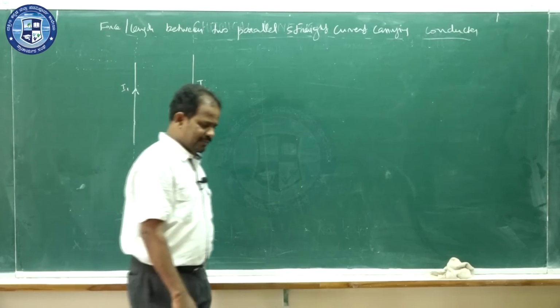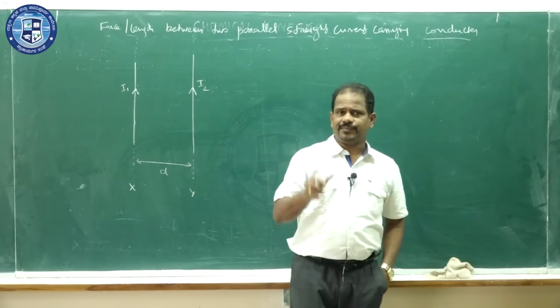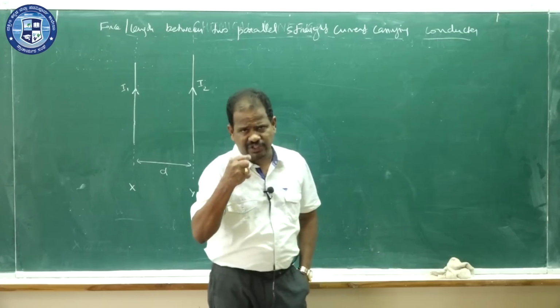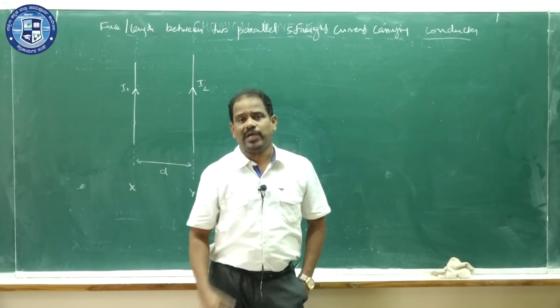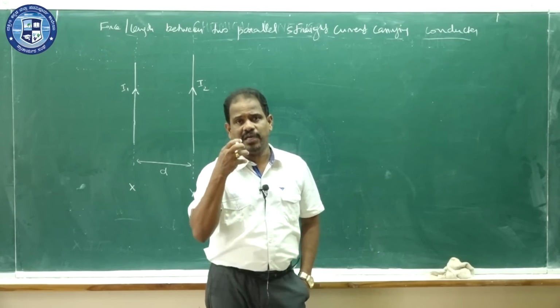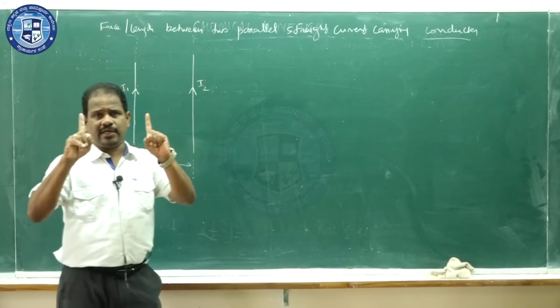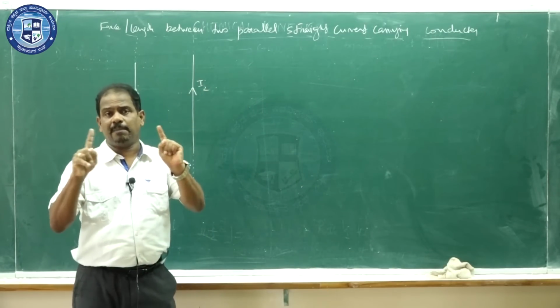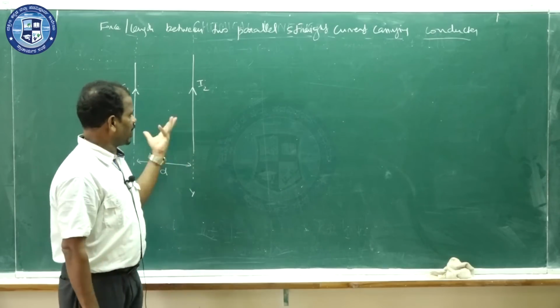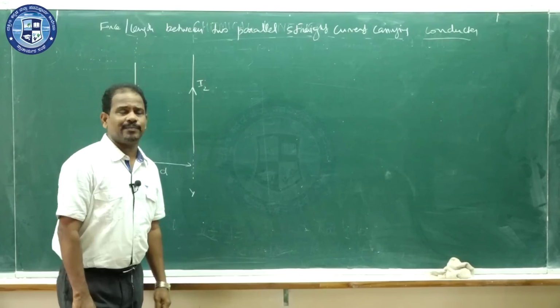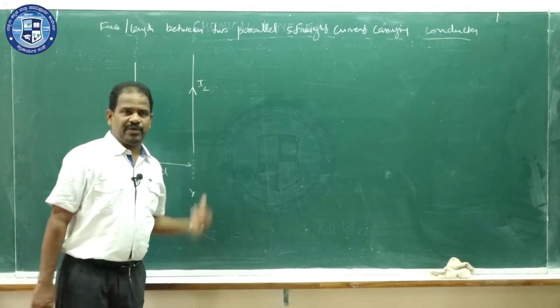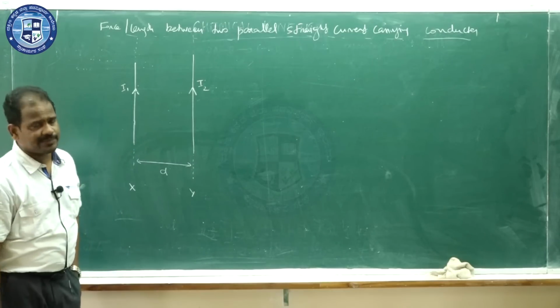So just like between two masses there is a gravitational force, and between two electric charges there is an electric force, similarly between two current carrying conductors there is a magnetic force. So we need to calculate the expression for the force between the two current carrying straight conductors.